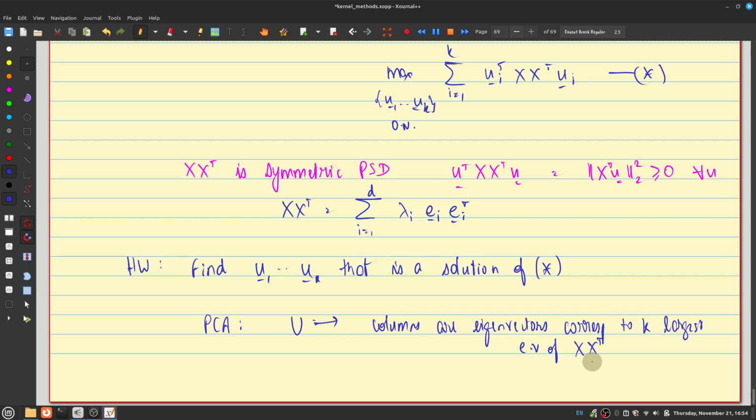That's an eigenvector in the above expression, the max expression. Yep. That's an eigenvector. Okay. So, of XX transpose.